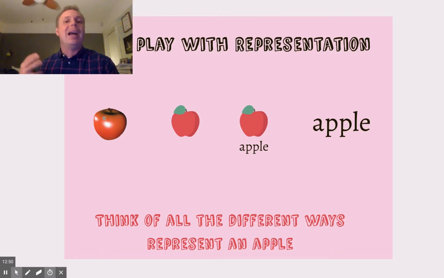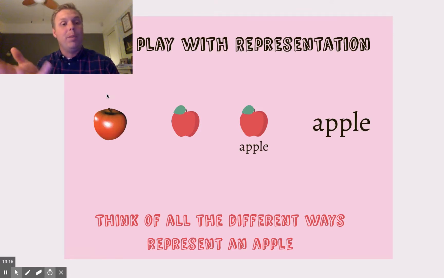You still, in your mind's eye, can picture what that bite would sound like, or can picture places and spaces where you'll see, or you could understand the usefulness of apples. And so there are all sorts of different representations of apple. And we could even take this further and say, well, apple pie. We could take applesauce. Apple, when you pull it apart, can actually be a really wide concept.